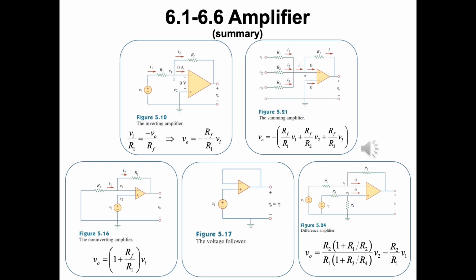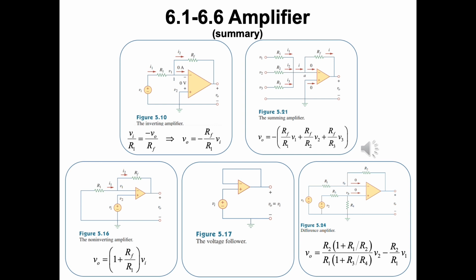To summarize the amplifiers, here are the types of amplifier which we have covered and discussed before. Begin with the inverting amplifier at top left, followed by the non-inverting amplifier at bottom left. Later we discussed the summing amplifier, which is at top right.